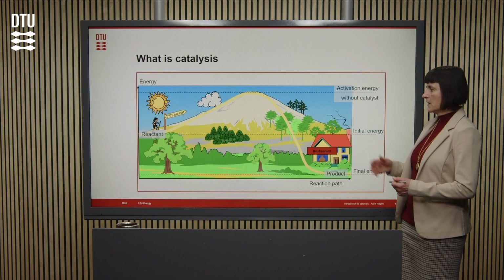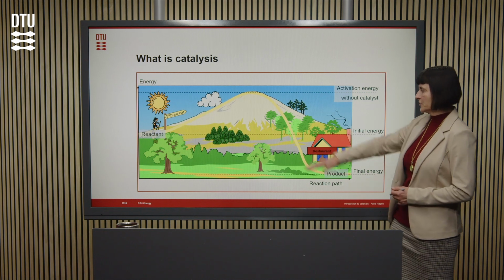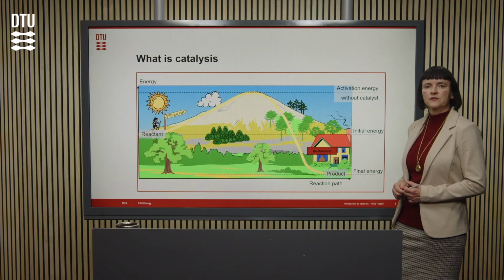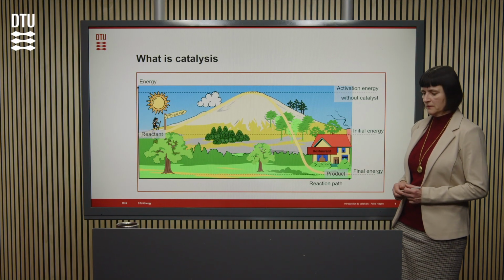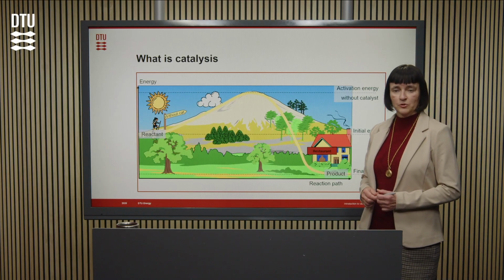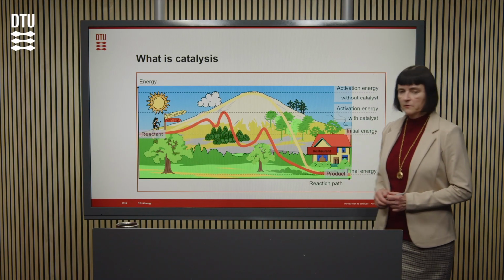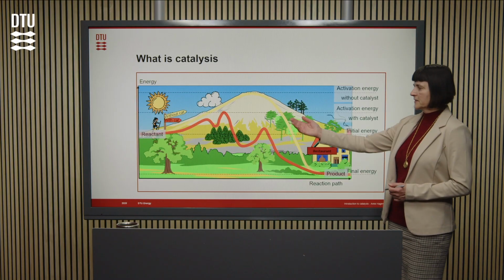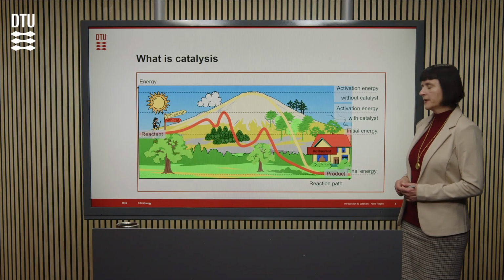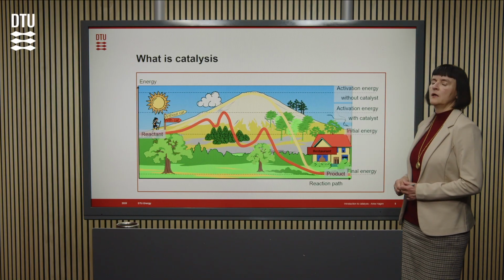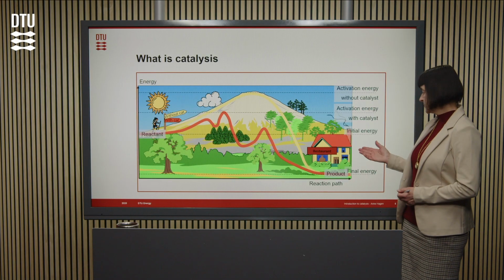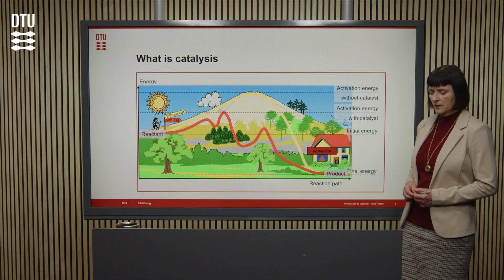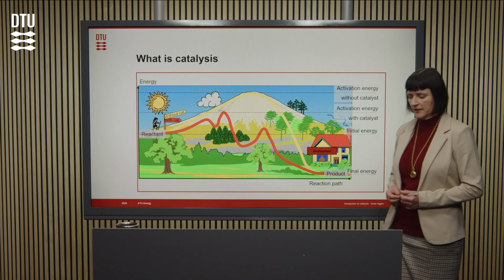And if you only have the one option over the top, then this is the activation energy without a catalyst, which might be very high and you might not be able to overcome. However, when you introduce a catalyst, this actually provides you this red path where you lower the activation energy, and in that way you might be able to reach your goal to obtain the desired product. So this is the essence of catalysis.